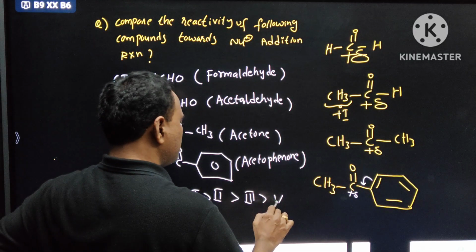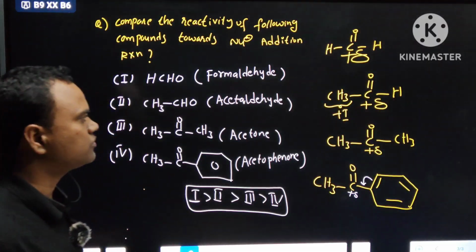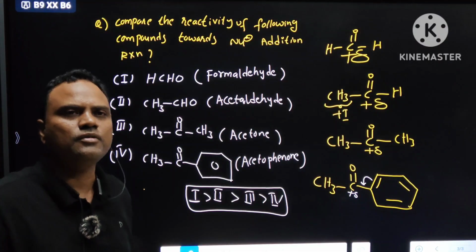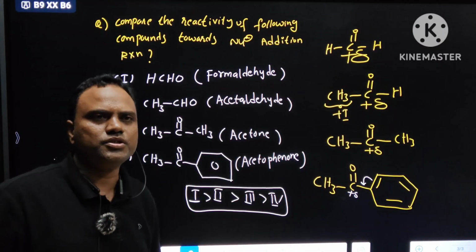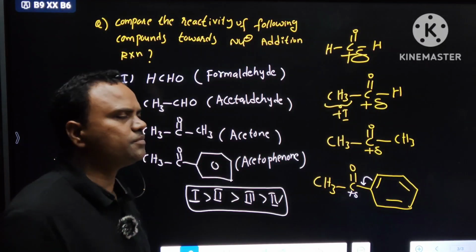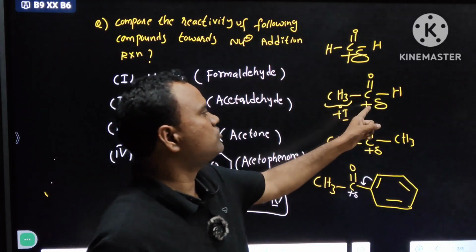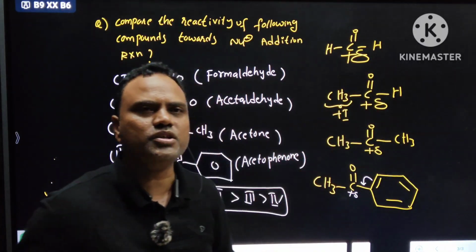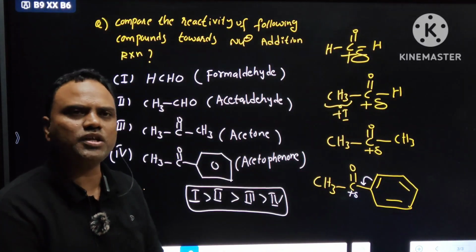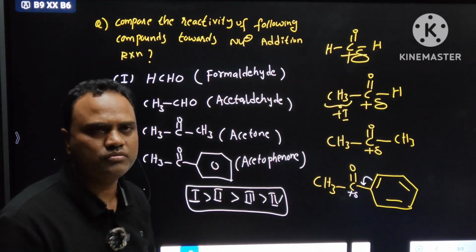Last one, acetophenone. A very important question. Got it? No doubt. So what is the key step here? If positive charge is more, then reactivity is more. Clear? No doubt in this, right?